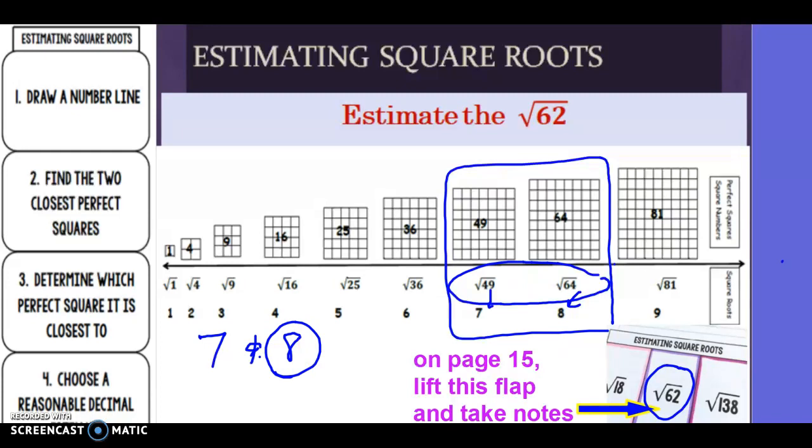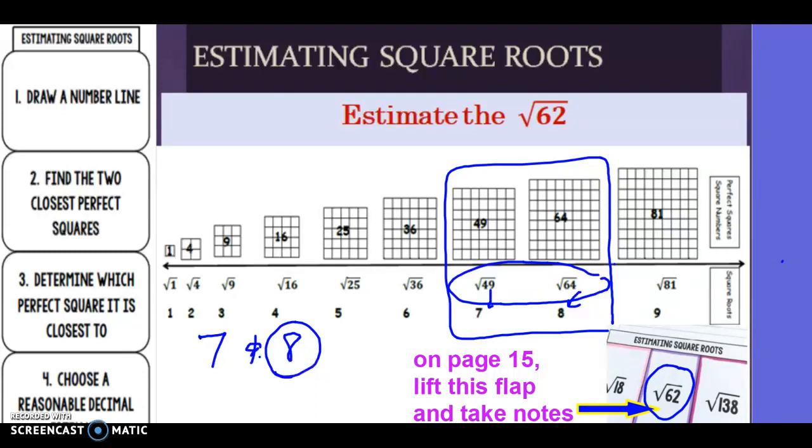So we want to estimate about what decimal would it be. Is it 7.5, 7.6, 7.7? What would it be closest to? Why don't you hit pause and see if you can guess at what you think it would be closest to. Hit play when you are ready. Okay, so the square root of 62 is only 2 spaces away from 64.